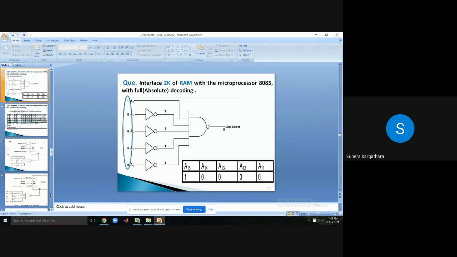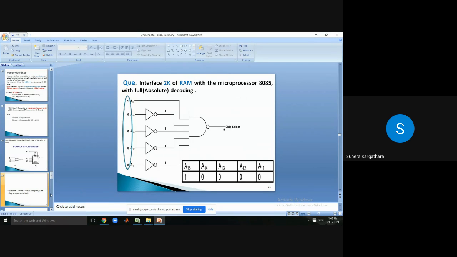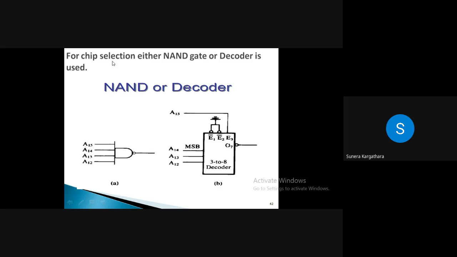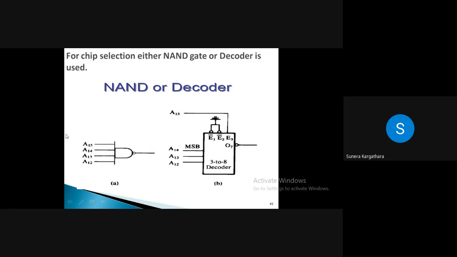In the same way, you can use a decoder also to select your chip. I was looking for this diagram finally. You can see these two logics can be used to select your chip, NAND gate and decoder. As we discussed, with a NAND gate you need to use that many inputs, and based upon the given logic it gives you output and your particular chip will be selected.